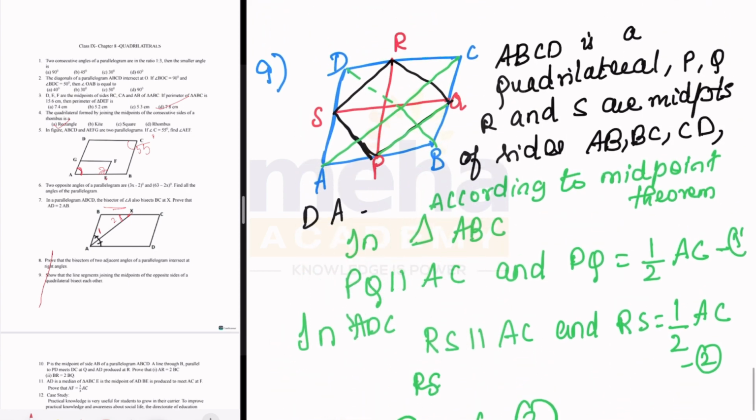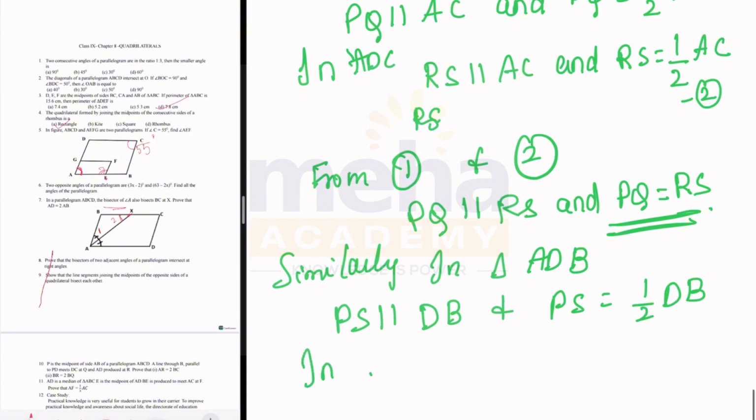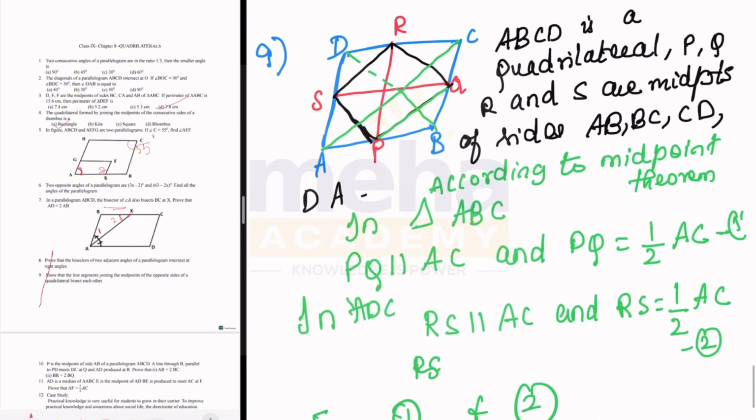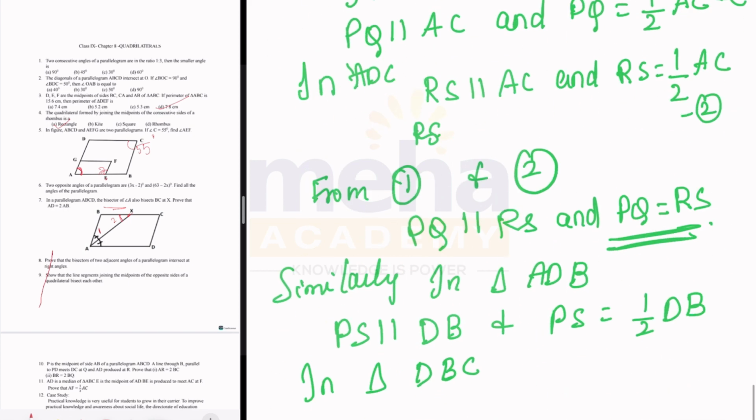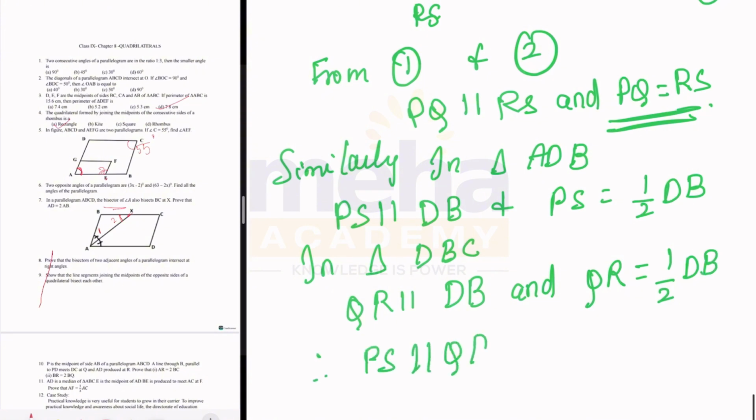Same way, in triangle DBC, we know that QR is parallel to DB and QR is equal to half of DB. So therefore we know that PS is parallel to QR and PS is equal to QR.